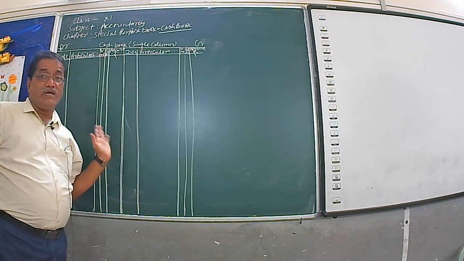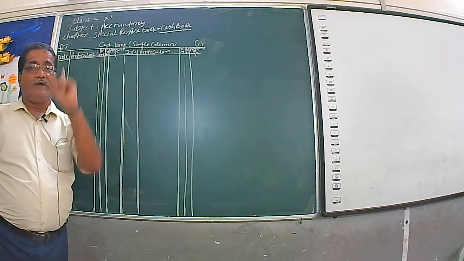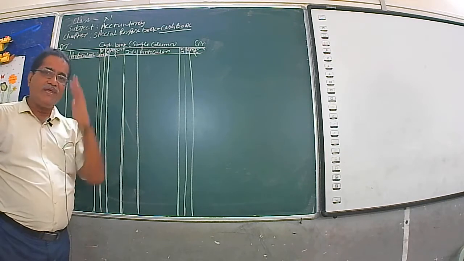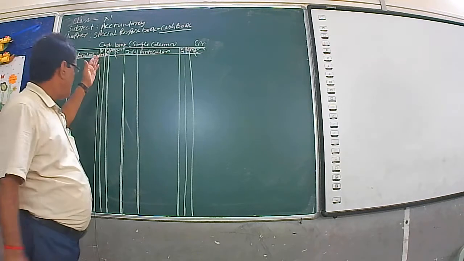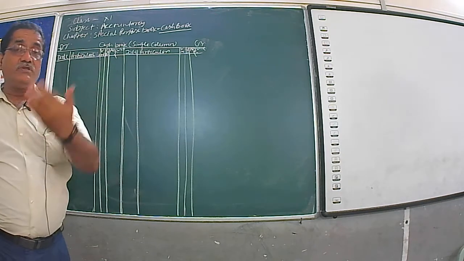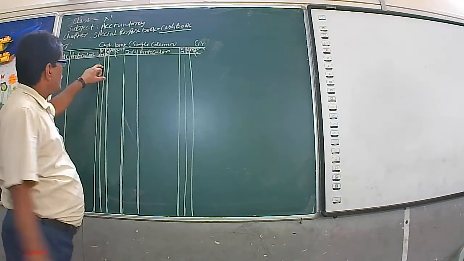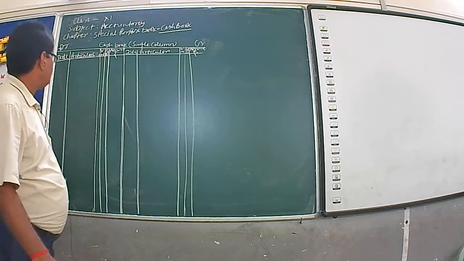As I have said, a voucher is a document prepared as proof of the happening of any transaction. Every voucher contains a certain number, and that number is noted here. But in solving a question, there is no need to write any number here, because no voucher number will be given in the question.